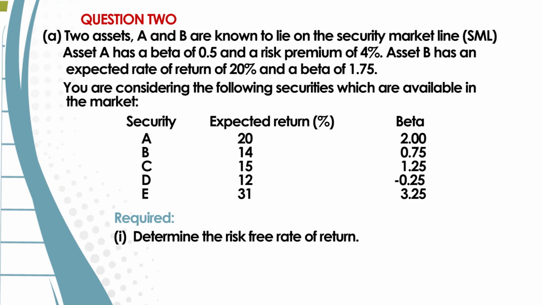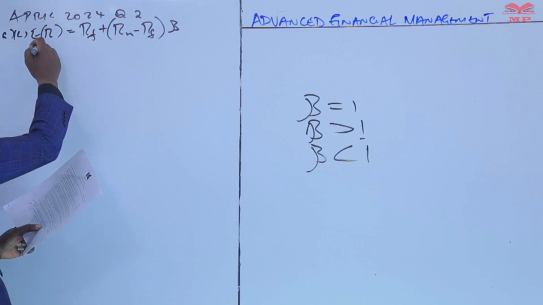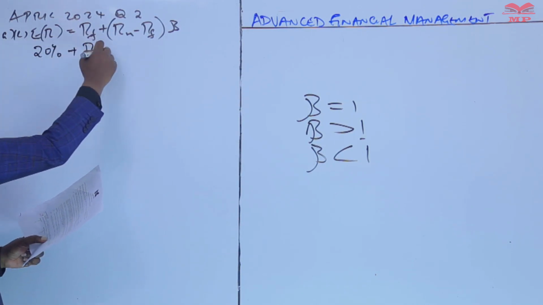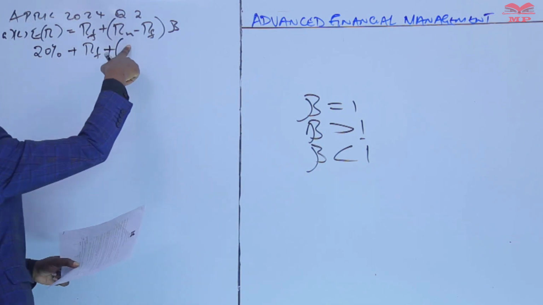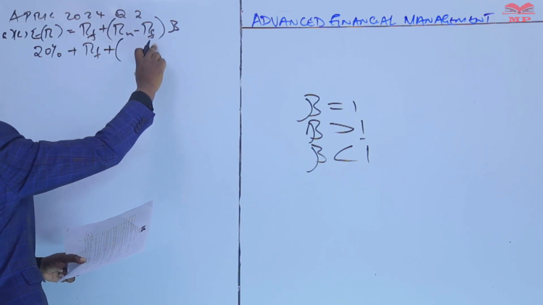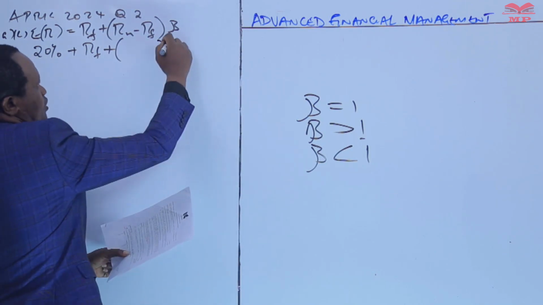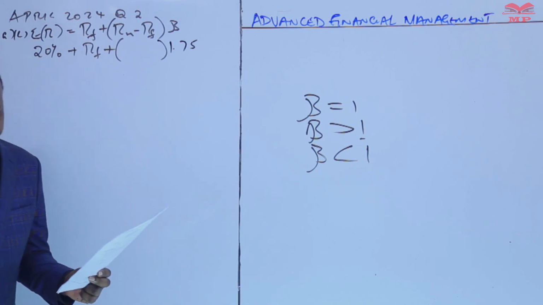Asset B has a beta of 1.75. The expected return is 20%. We do not know the risk-free rate, but we have the beta of 1.75.